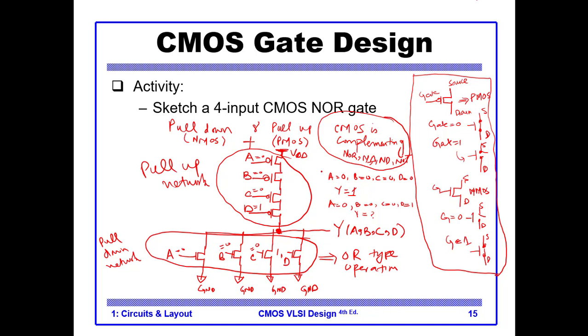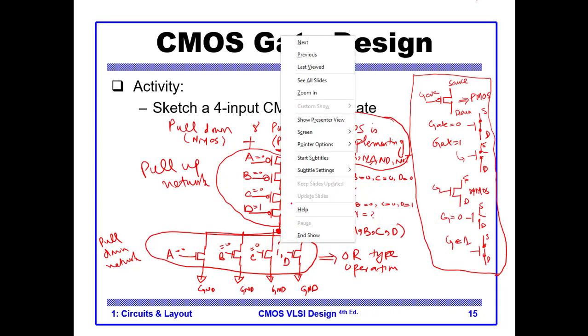What this means is that A PMOS is closed, B PMOS is closed, C PMOS is closed, but D's PMOS is open. So it means that the VCC is not connected to Y. And if we come here to the pull down network, so this is open, this is open, this is open, but this one is closed.